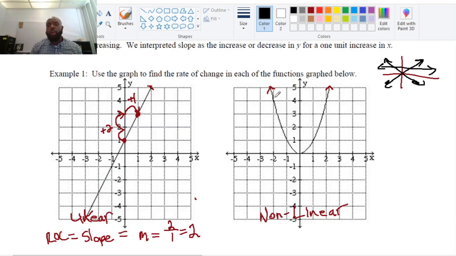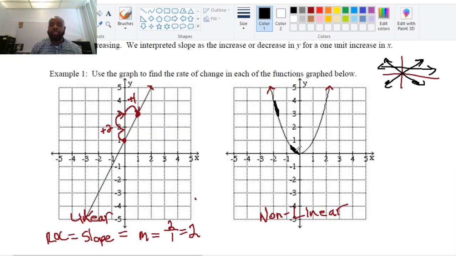Depending on where we are on this function, the behavior of the function is different. For values on this portion of my function, our function is decreasing from left to right, it's falling. And it's falling pretty quickly here compared to falling over here.